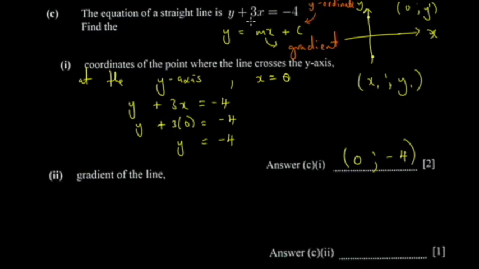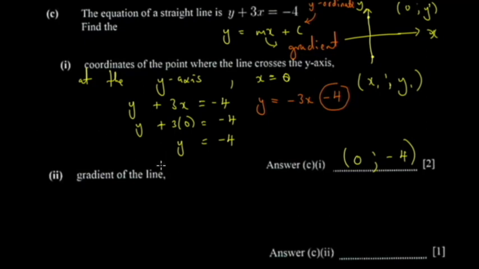Let me actually illustrate what I mean here. If you wanted, you could have said y equal to negative 3x minus 4, like this. This one would be what we call the y-intercept, or the y-ordinate of the y-intercept. So where the graph cuts the y-axis, it's negative 4. You could have said by inspection 0, negative 4, like this.